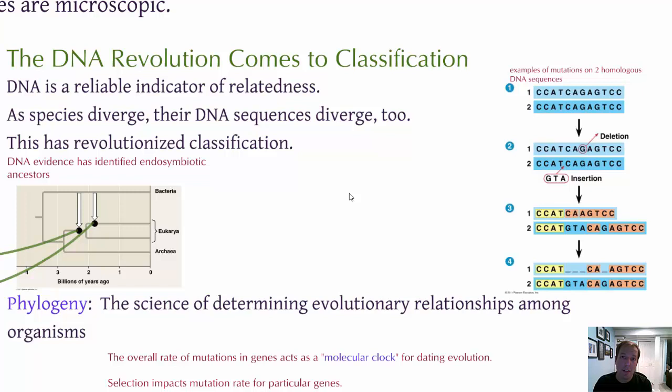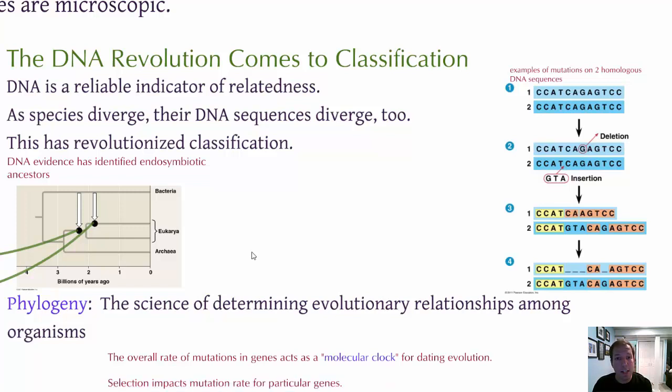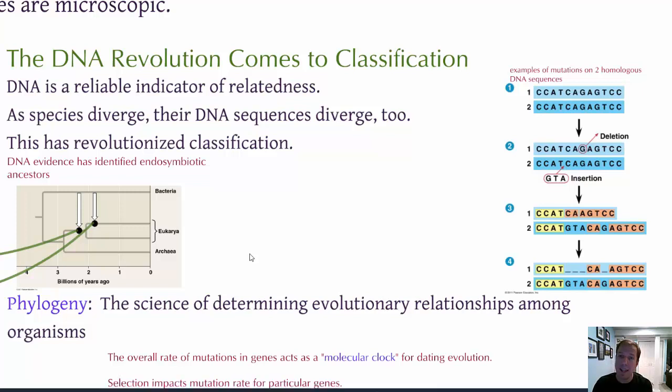The DNA is a set of code, and that code is what it is. And that code can be compared from species to species. The term used to describe the science of that is called phylogeny. Phylogeny is about determining evolutionary relationships, and that science can then be applied to taxonomy to sort things in a much more reliable natural classification system.